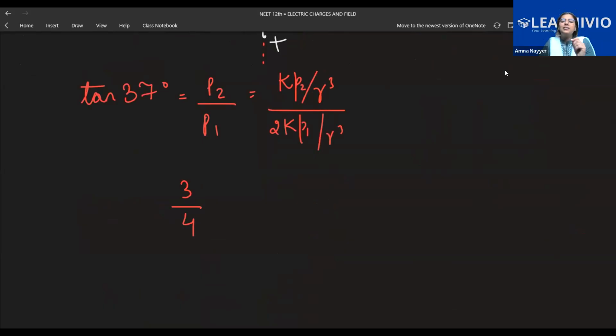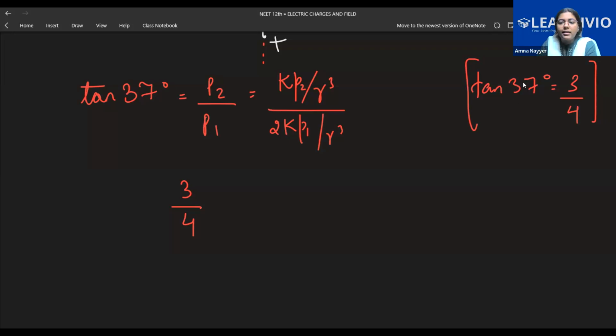Sine 37 is given so that through its help you can calculate tan 37 or cos 37. That's why it is given. How do I know that this is 3 by 4? I did not remember it, I just calculated it right now.